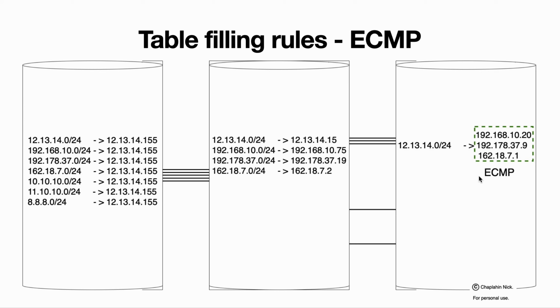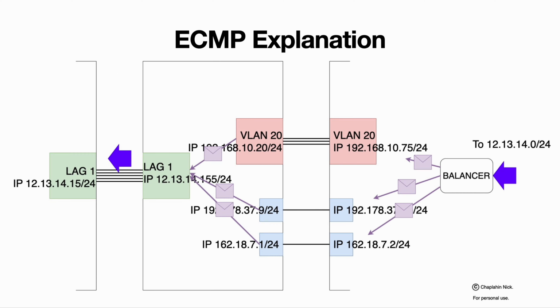My congratulations, you just learned what ECMP is. ECMP group, or equal cost multipath group, is a group of routes that have similar cost, and the system can balance traffic and send part of the traffic by each of the routes.